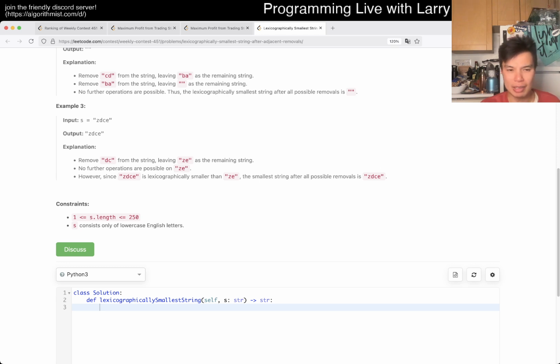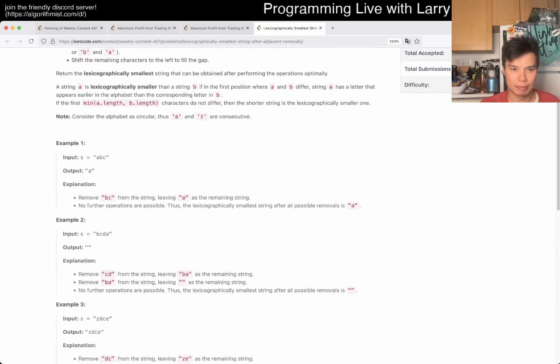This feels like a divide and conquer DP. Well, maybe not even, because of the lexicographically smallest thing. Right. Can we brute force one character at a time?